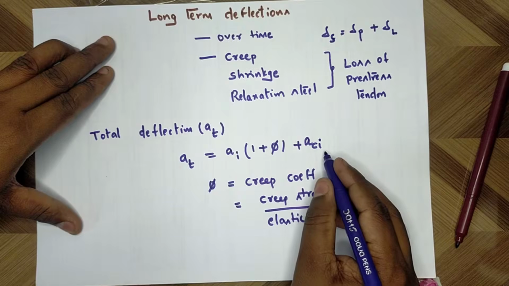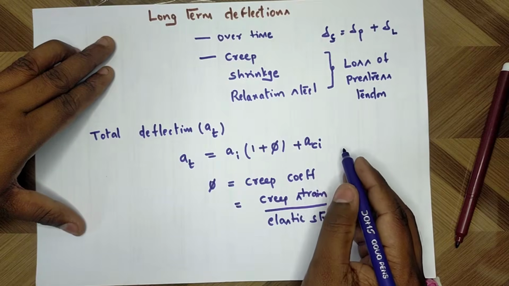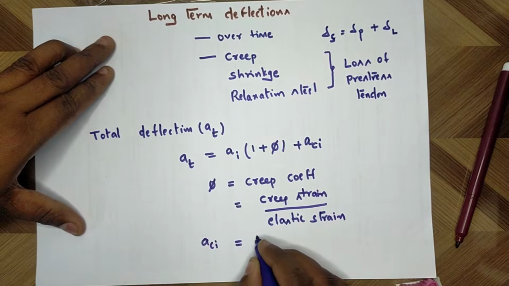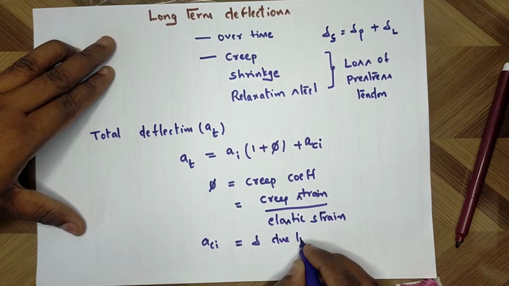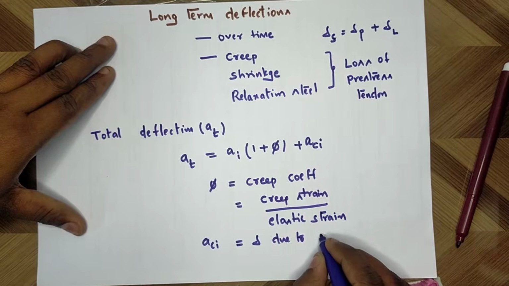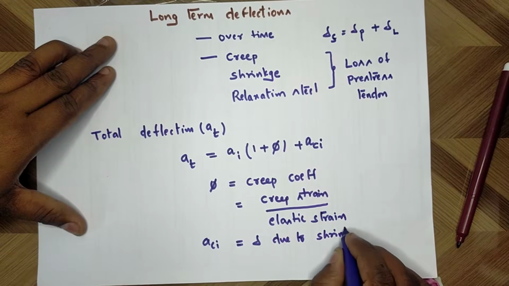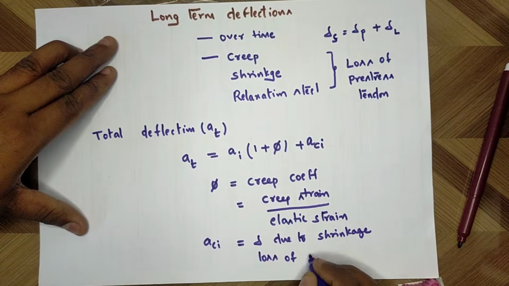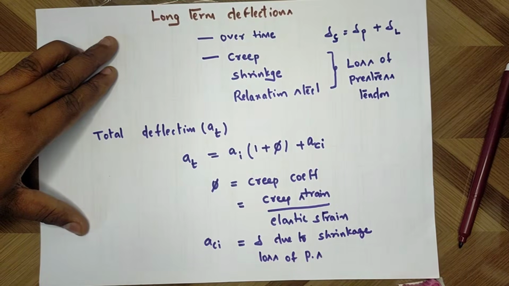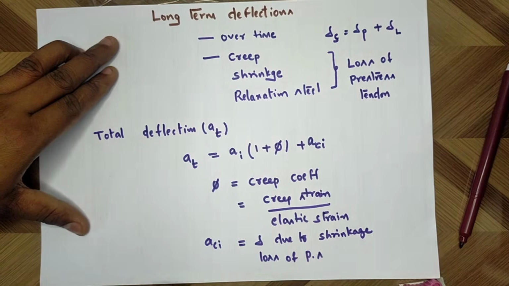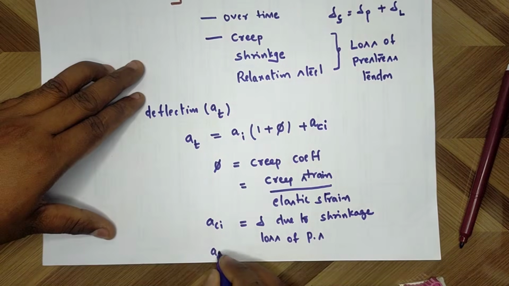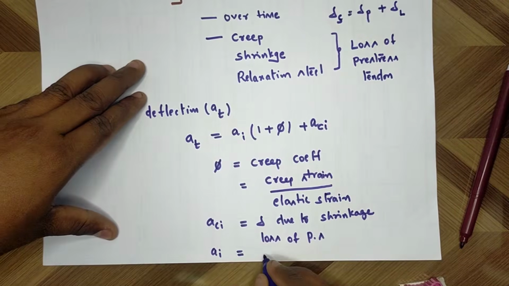ACI is equal to deflection due to shrinkage of concrete and loss of prestress. AI is equal to initial deflection.